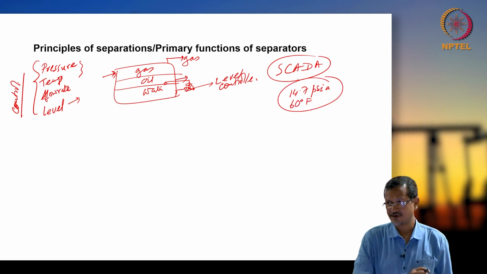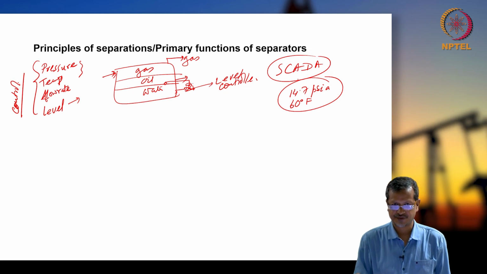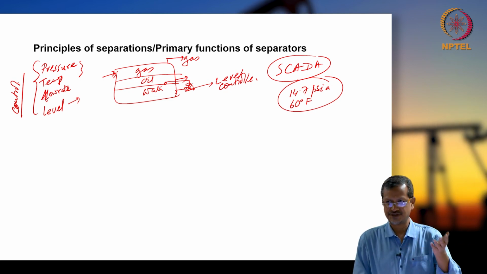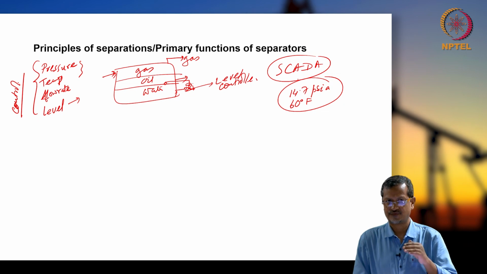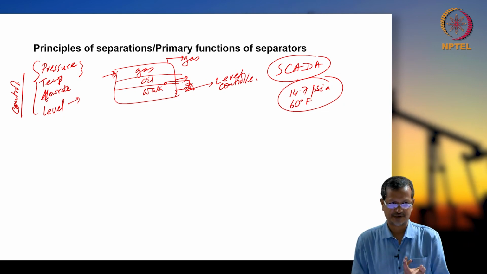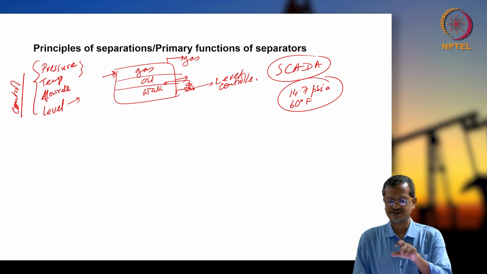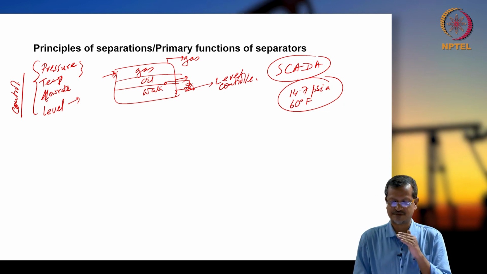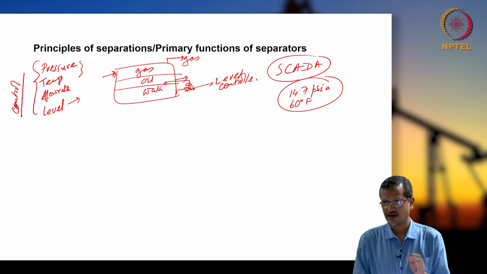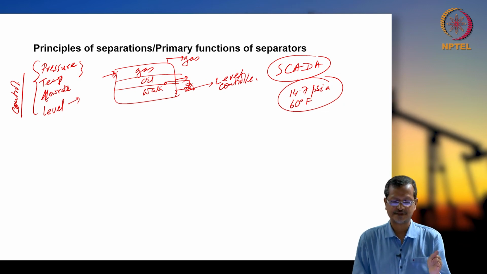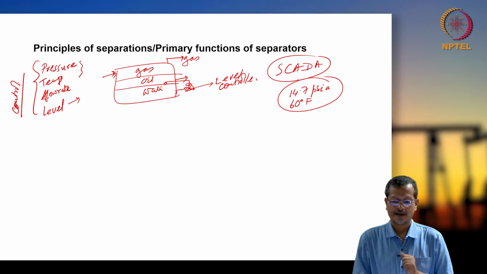So you must remember these parameters. Normally you are storing in this condition, but if you are storing in Chennai, maybe the temperature will be a little bit different. If you are storing in Alaska, maybe the temperature will be different, but normally the standard condition is this one, 14.7 psi and 60 degrees Fahrenheit, and volatile components will not be there in the surface condition. Okay, and you are sending to the customer.